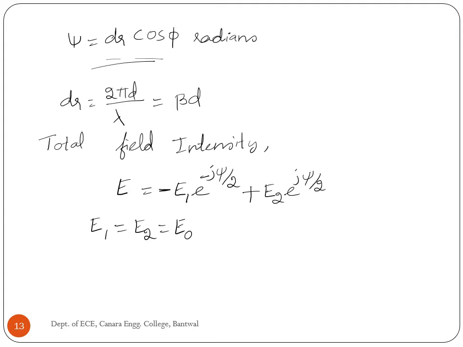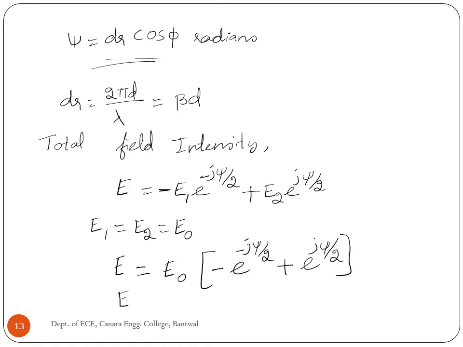That's why E equal to minus E1 e to the power minus j xi by 2 plus E2 e to the power j xi by 2. Therefore, total field intensity is E naught into minus e to the power minus j xi by 2 plus e to the power j xi by 2, which is equal to total field is equal to 2 E naught j sin xi by 2.